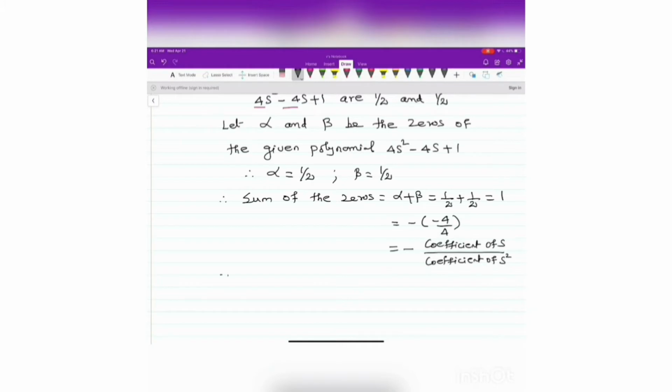So, therefore, you have verified now for the sum of the zeros. Sum of the zeros is equal to minus coefficient of s by coefficient of s square. Let me name this first result as 1.